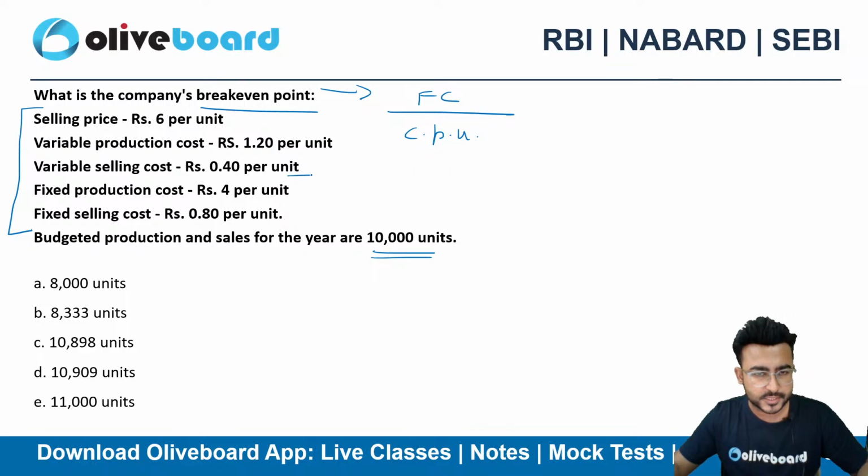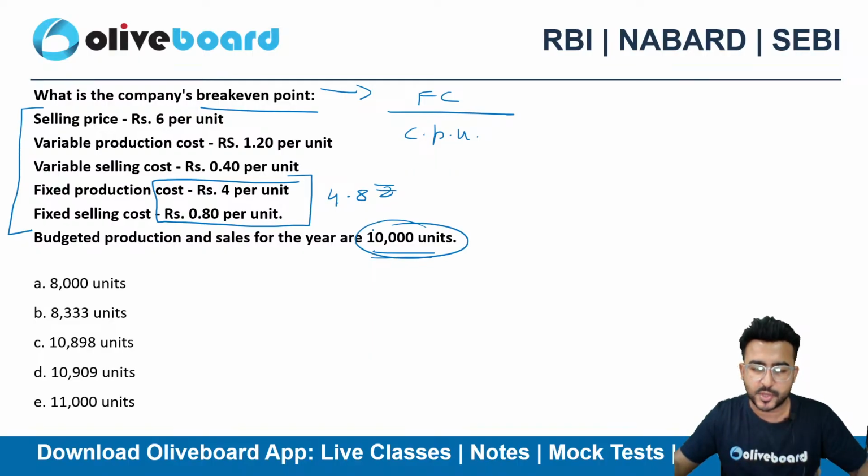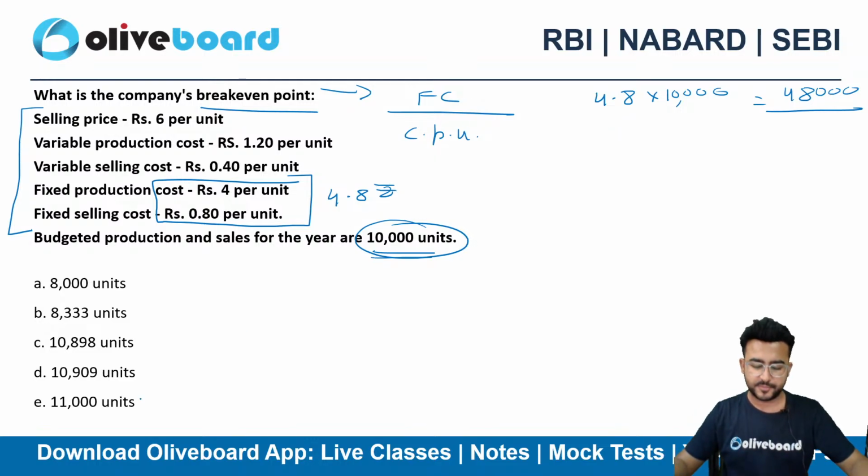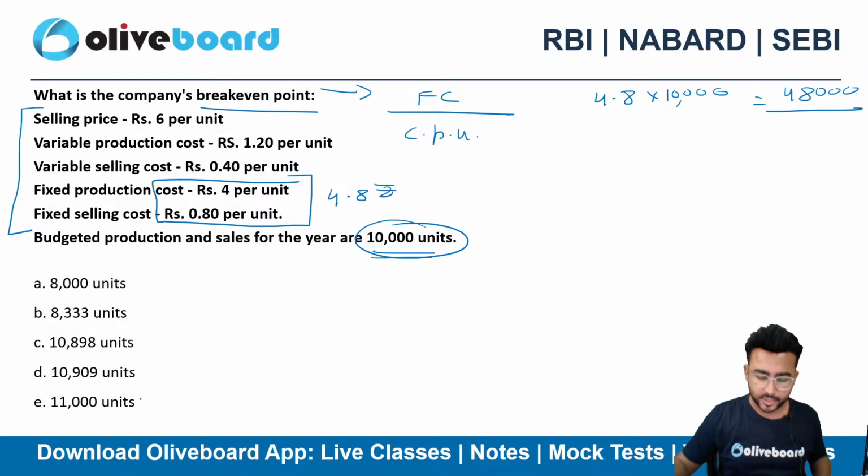You know the fixed cost, 4.8 rupees fixed cost per unit. The number of units you are already aware. So 4.8 multiplied by 10,000 will be your fixed cost, 48,000, divided by contribution per unit. Now you just need to calculate the contribution per unit.